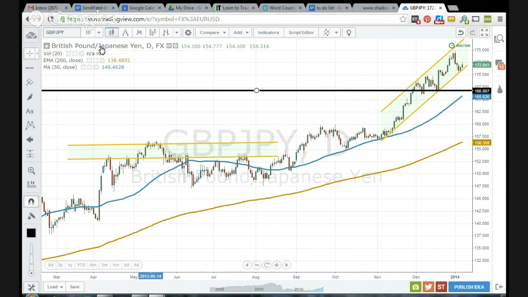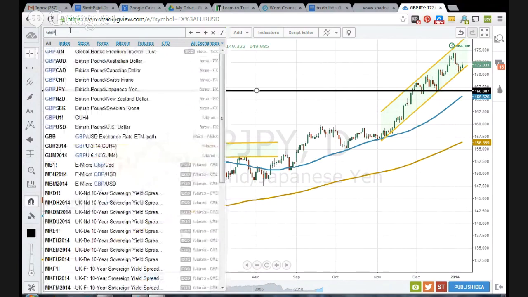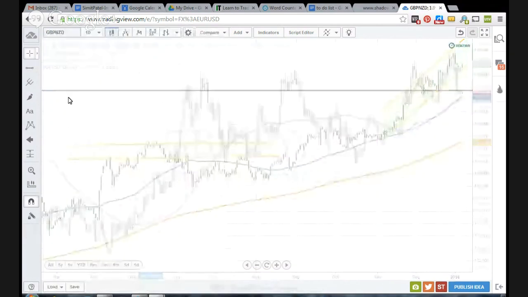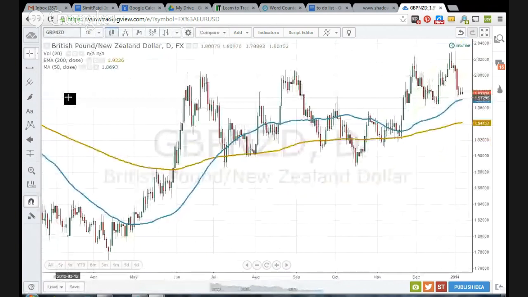Perhaps if I was already in a long pound yen position, I'd be willing to add by seeing it fall to the bottom of the channel. But not being in the position yet, to get my initial base in, I need to see a better pullback. And this is the same theme for those who are watching over this week. This is the same theme we've been seeing over and over.